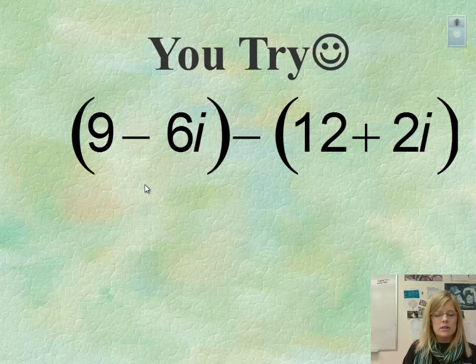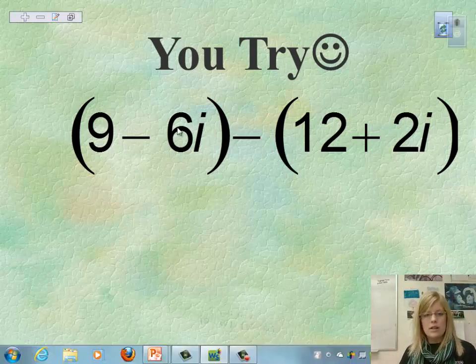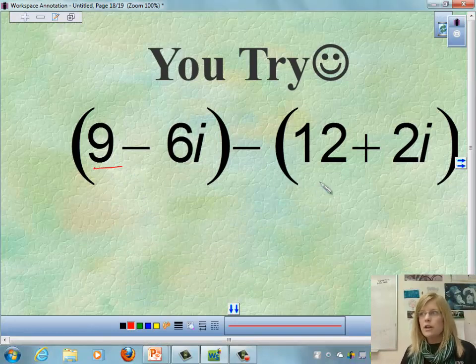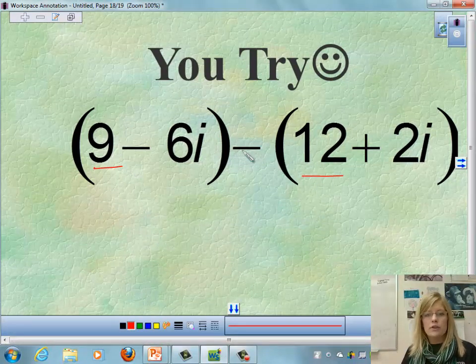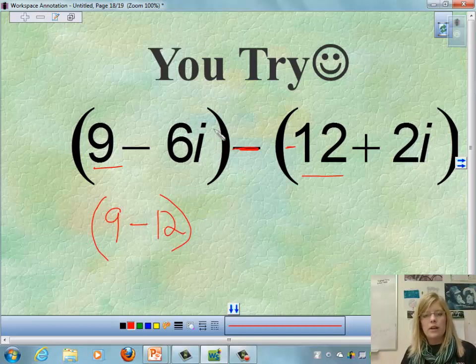Pause, try it, and then play it. Alright, hopefully you paused. If so, let's see how you did. Hopefully you combined 9 and 12, and there's that negative here, so you have to put that negative with that number. What's 9 minus 12? And then in your second one, you have a negative 6i.